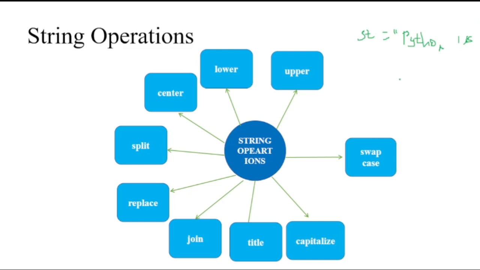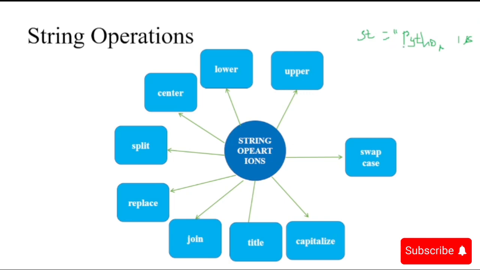Each of these comes with its own method. So for the upper operation we have the upper method, and we have the lower method, swap case method, capitalize method, and the title method. All these have their own methods. So we talk about the lower string operation. We convert all the characters in the string to lowercase.